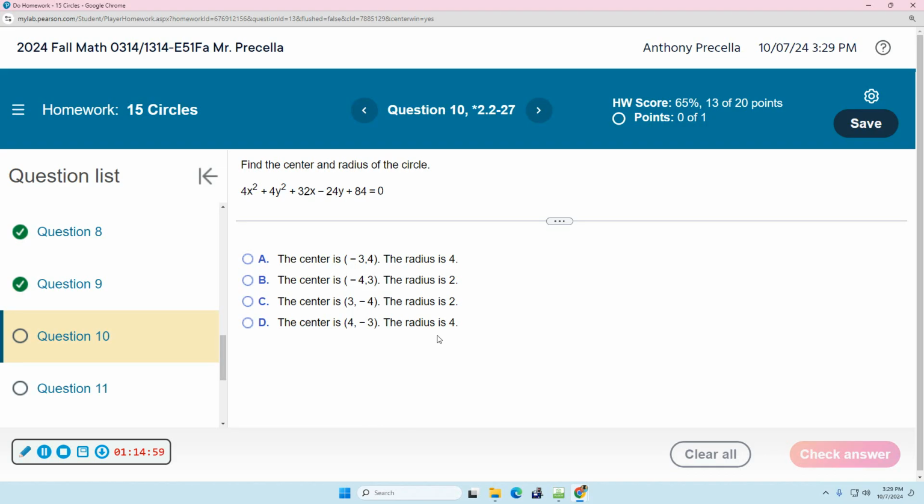So y'all be thinking about what we're going to have to do first. 4x squared plus 4y squared plus 32x minus 24y plus 84 equals 0. And here all they want us to do is find the center and the radius.